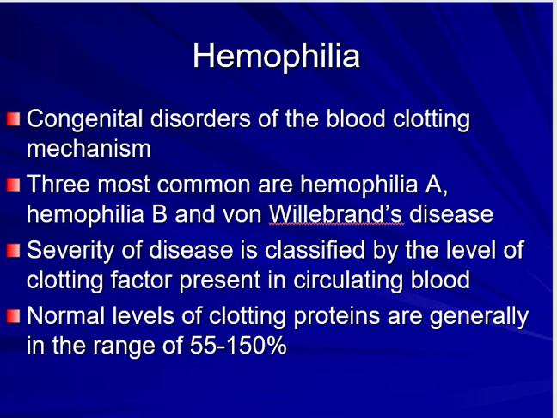How severe the disease is depends on how many clotting factors you're missing. Normal levels of clotting proteins are generally in the range of 55 to 150%, but that is much lower when the person is suffering from a congenital bleeding disease.